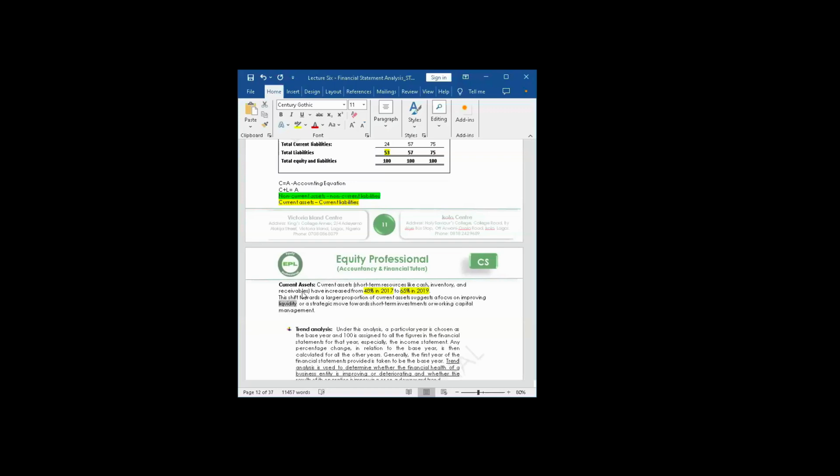Liquidity. The company wants to improve liquidity, or a strategic move towards what? Short-term investment. Maybe they are considering short-term investment, or they are managing their what? Their working capital.